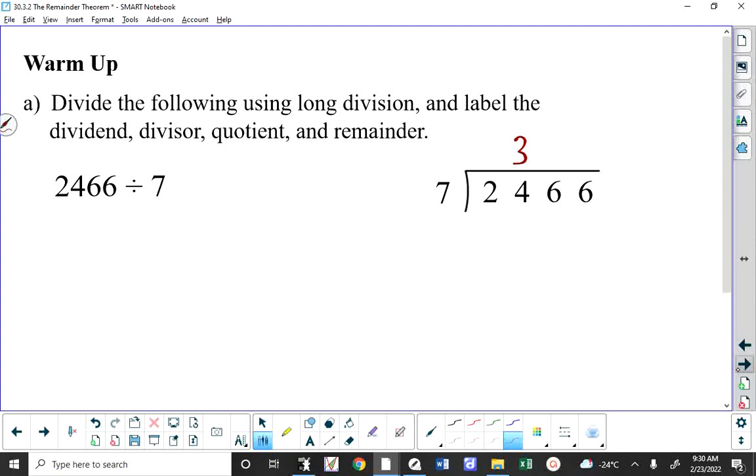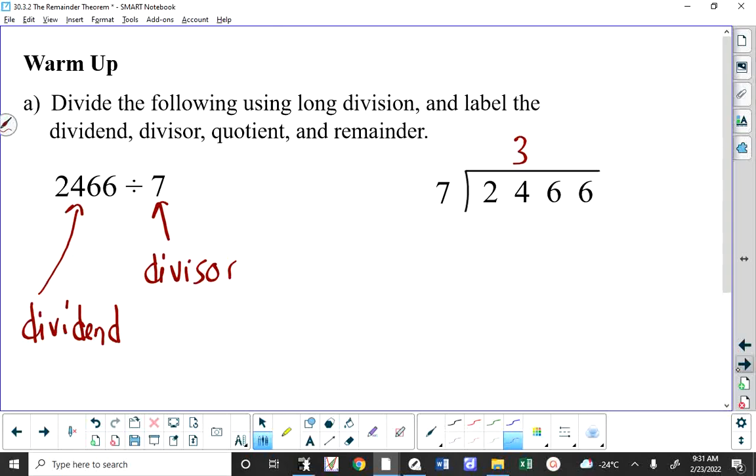The next step is to take what you got when you divided and multiply by what you were dividing in. By the way, this is called the divisor. And this is called the dividend.